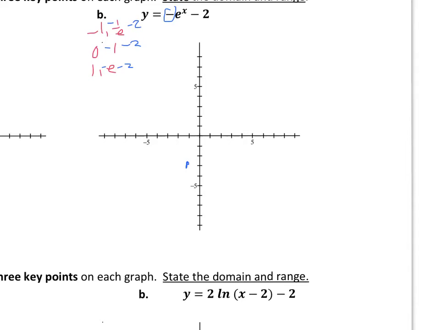Okay, we're at 0 and negative 3. Oh, I missed on that first point completely. That should be like negative 3.5-ish. So let me give you that point there, and then our first one's right here. And then we're at 1 and negative e. Wait. No, I was right. Yeah, I was right on that first one.